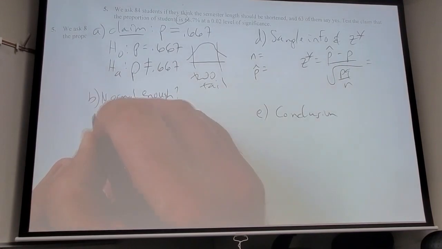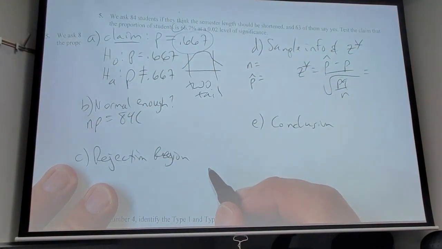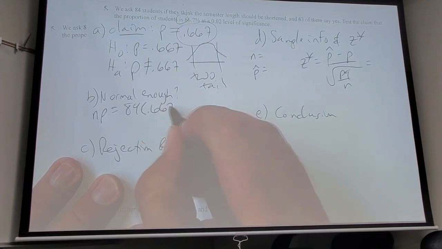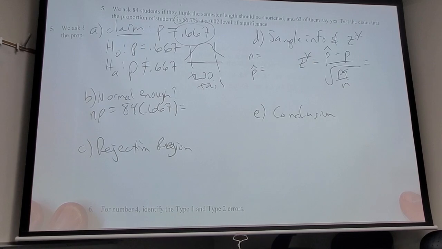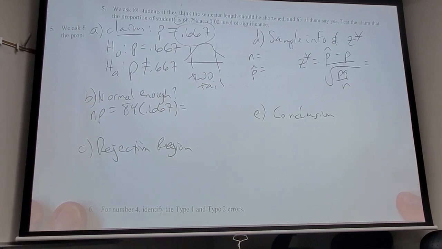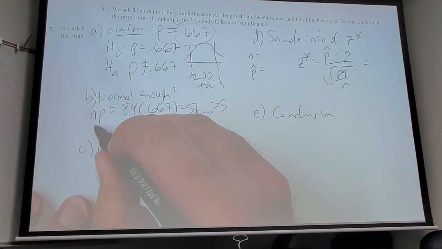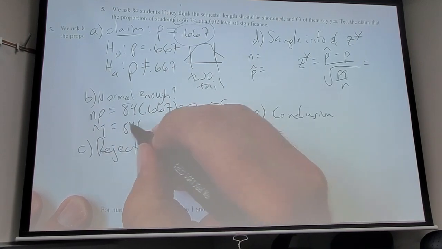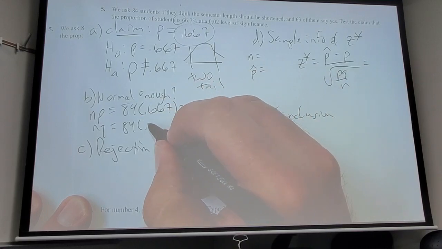So let's see, what's NP? It's going to be 84 times P, which is 0.667. That's 56 roughly, 56 point something. That's very good. So NQ is going to be 28 roughly.